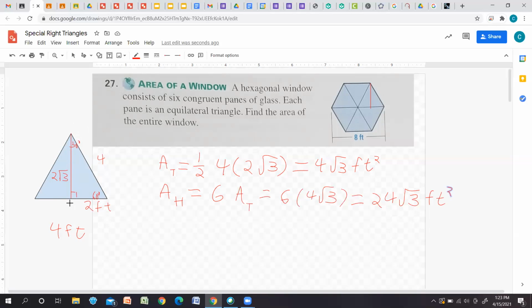The shorter leg is 2, so the longer leg is 2 root 3, which is the height of the triangle. Now that we have the height, we can find the area, okay? So this is one very common application of special right triangles. And you can see how you could apply this similarly to the rest of the assignment.